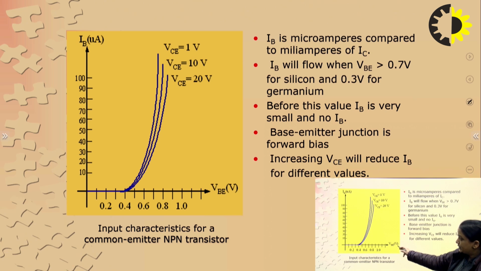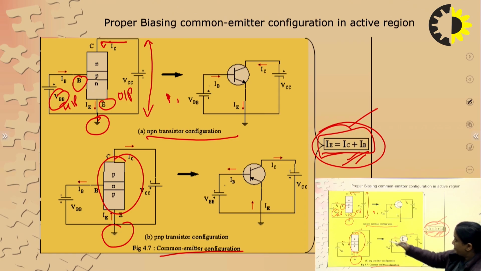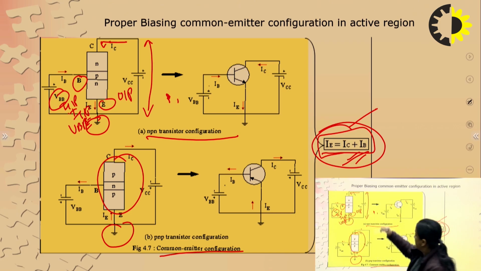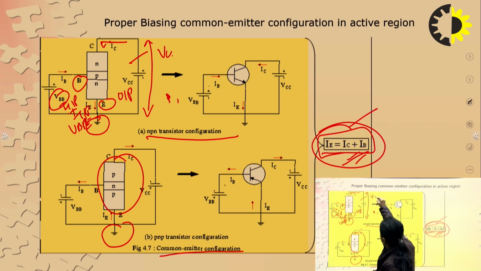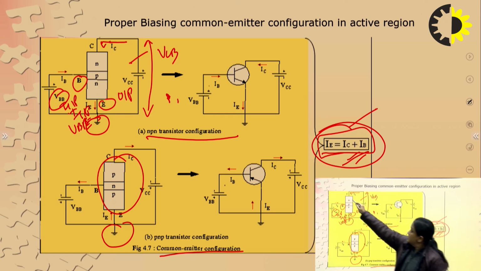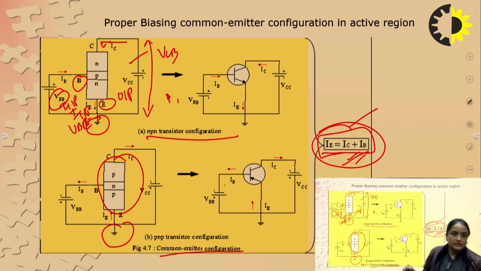This is the input part. VBE is the input voltage, that is the voltage across your base and emitter terminal. And this is the output voltage across the collector junction, VCE, and the current that we are getting is IC, which is the output collector current.